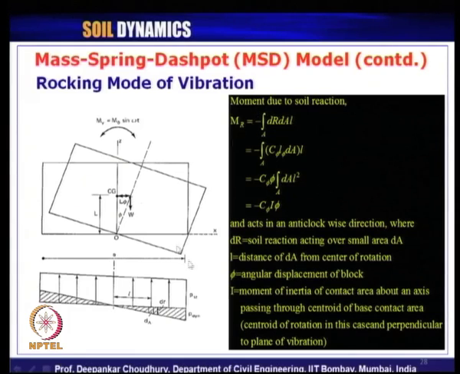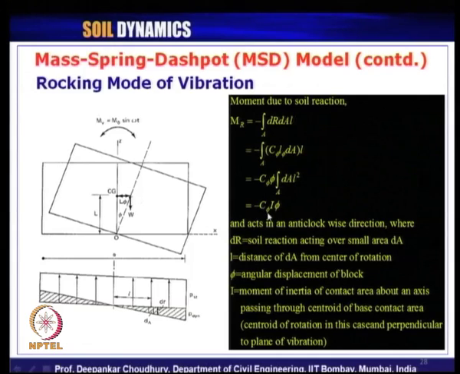So, moment due to this soil reaction, at this infinitesimal place, it will be dr times dA times this L, moment about this point O, about this axis, is not it? That has to be integrated over the entire area. So, if we express it in terms of the soil properties, the reaction, it will give us C phi L phi dA times L, C phi phi over the entire area dA L square.